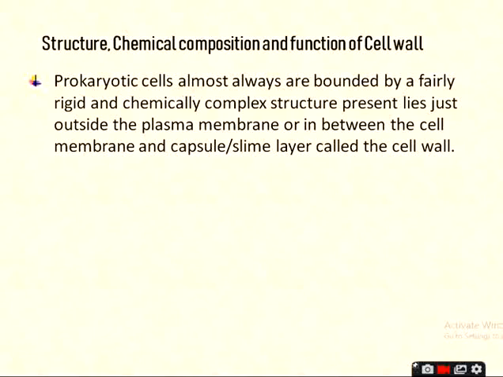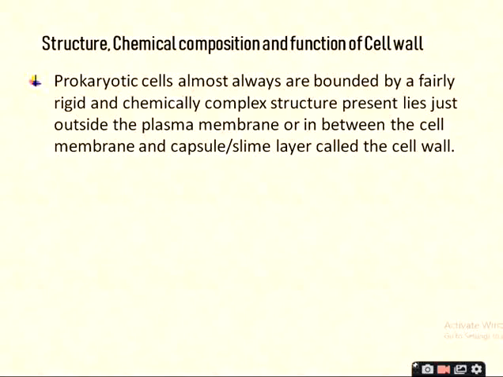Prokaryotic cells almost always are bounded by a fairly rigid and chemically complex structure that lies just outside the plasma membrane, or in between the membrane and the capsule, that is the slime layer, called the cell wall. Okay, it means the outermost covering of the cell.